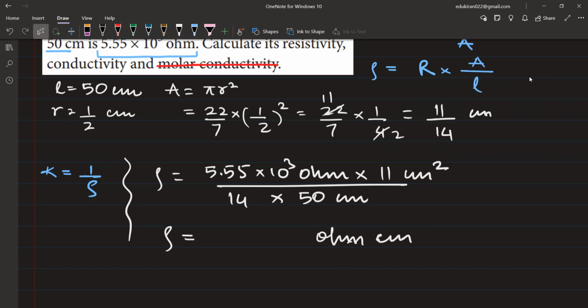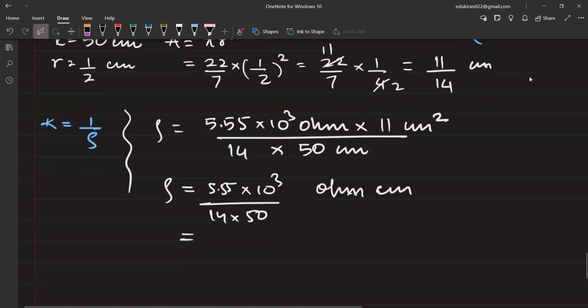You have to calculate this term: 5.55 into 10 to the power minus 3 divided by 14 into 50. So what about 11?